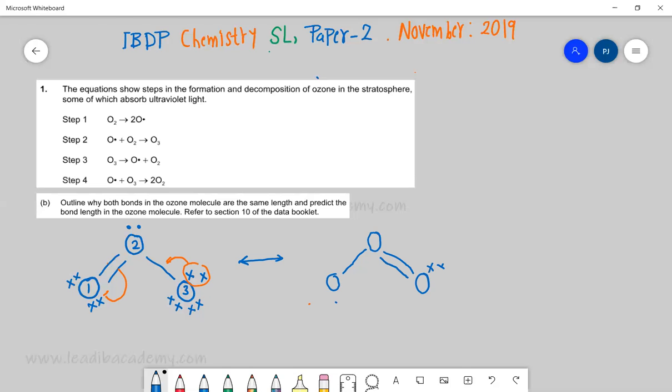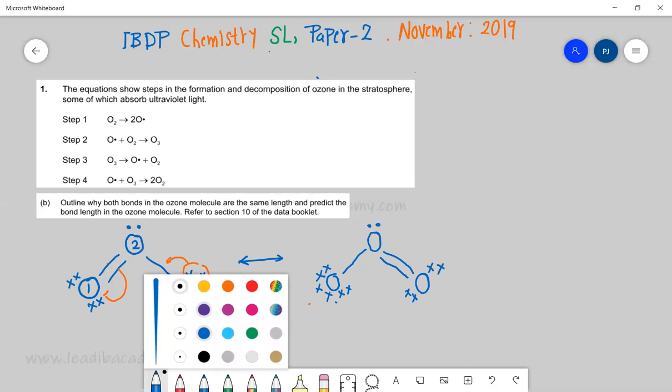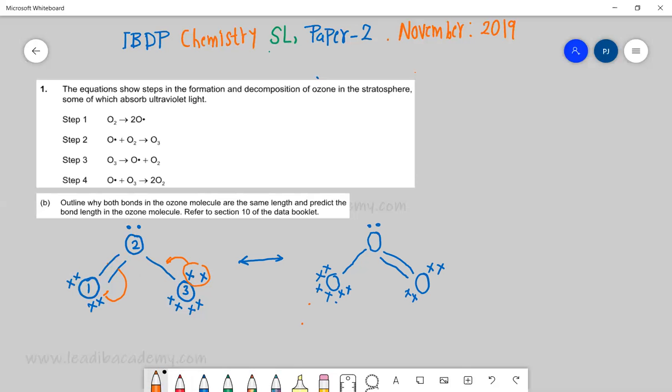Double bond. This continues to be one lone pair, and now oxygen number 3, 1, 2, and 3. Now the double bond is between oxygen number 2 and 3, while the single bond is between oxygen number 1 and 2.